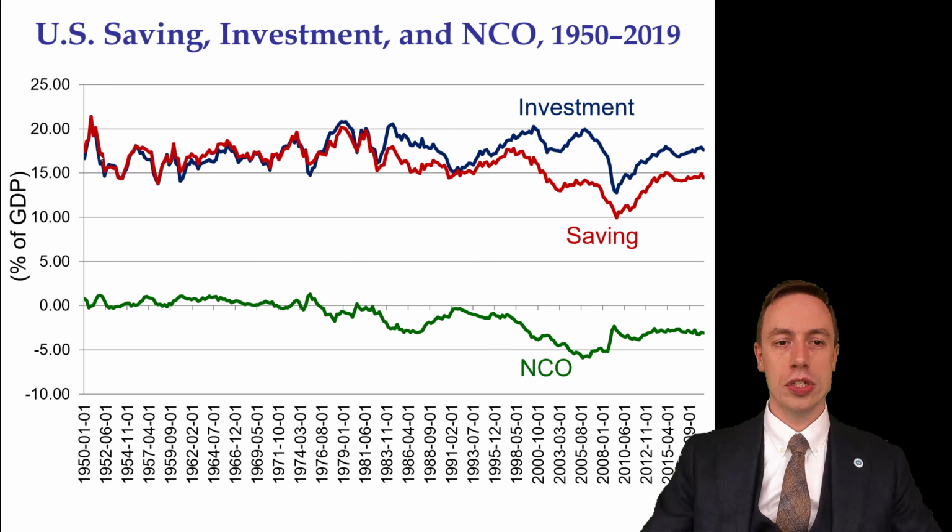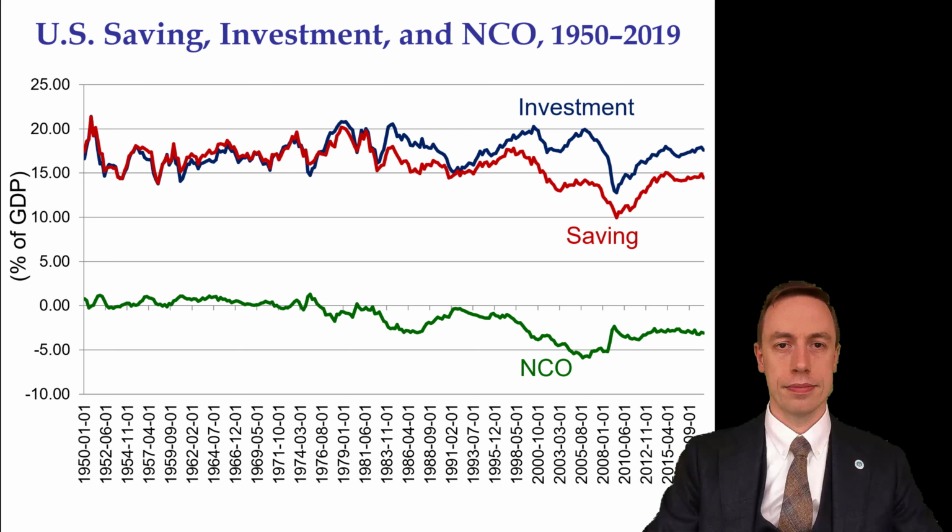If we look at national saving and domestic investment in the United States, those two figures closely track each other until the early 80s, leading to a balanced trade position. Since then, national saving in the US has been significantly smaller than domestic investment.